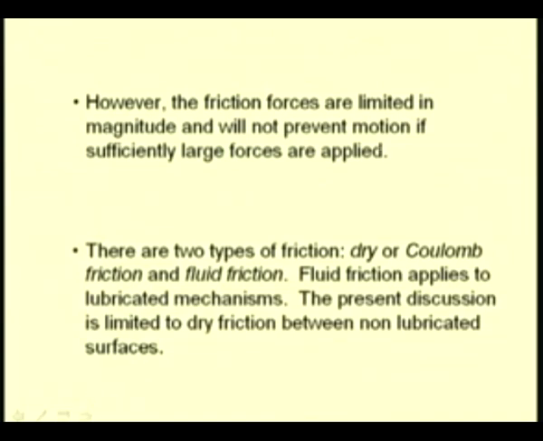The kind of friction that we just saw is called dry friction, or the friction existing between two surfaces directly in contact without any fluid interface. But in mechanisms or machines, we have lubricated surfaces where a film of lubricant is present between the mating parts to reduce the friction.